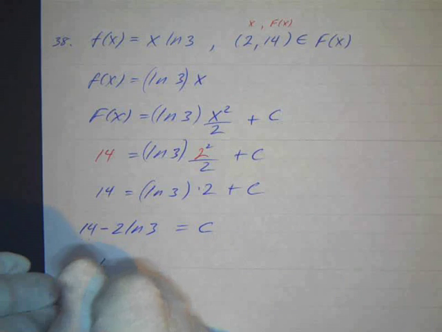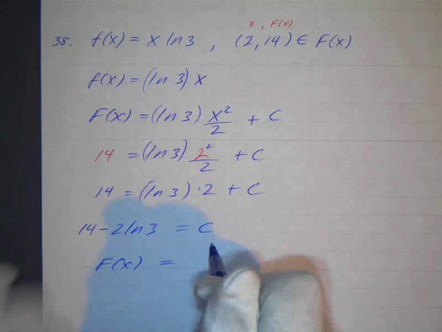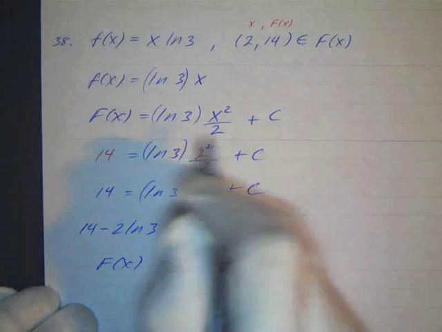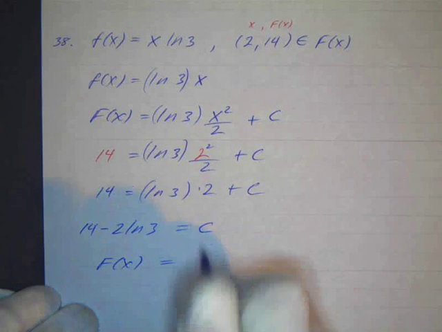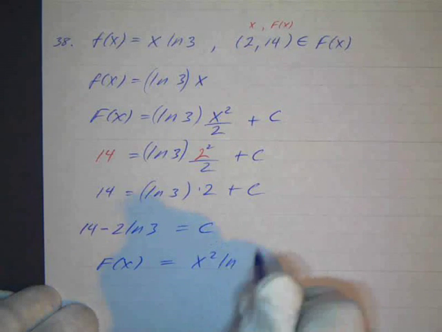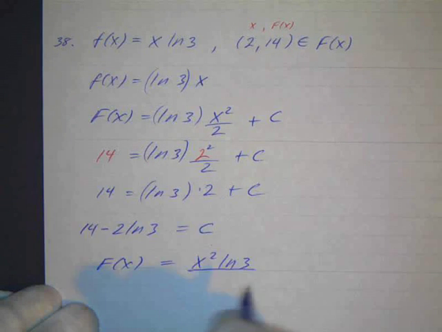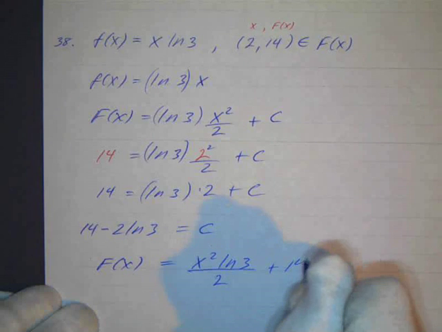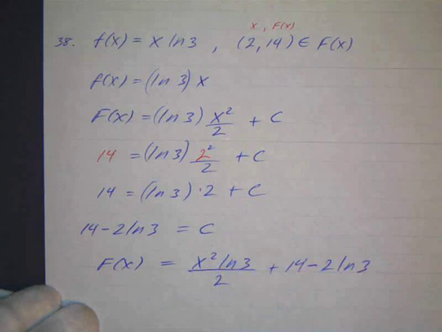So our f of x, our antiderivative, equals, and we can put the variable in front, x squared times the natural log of 3 all over 2, plus 14 minus 2 natural log of 3.